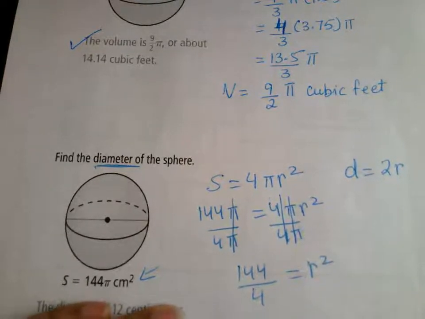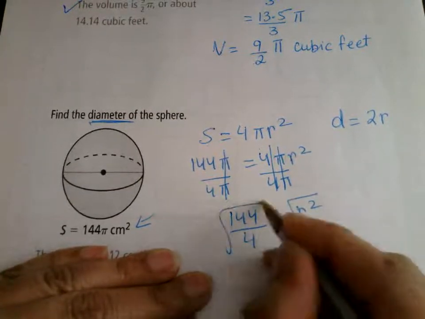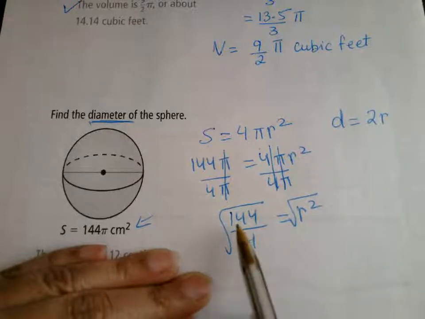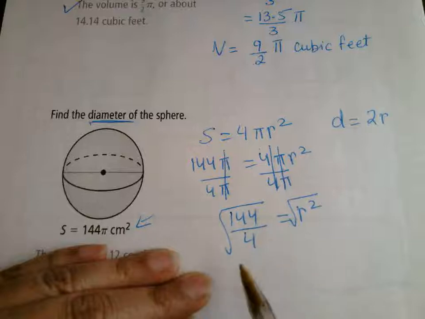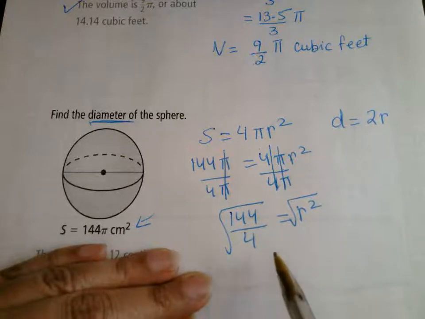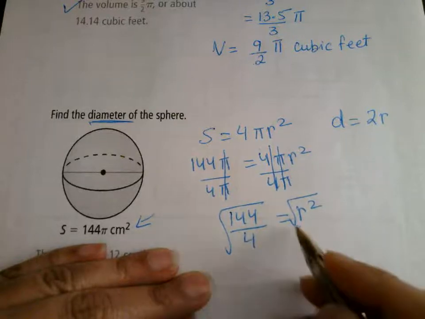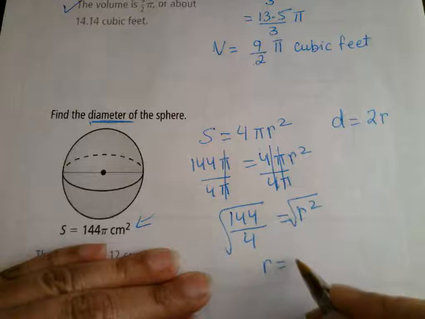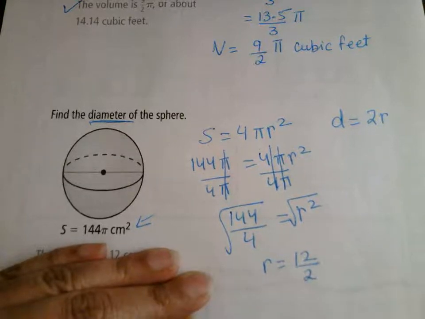Instead of simplifying it right now, let's take the radical on both sides. Why did I want to take the radical on both sides this time? Because I know 144 is nothing but 12 squared and 4 is nothing but 2 squared. So it will make it easier. If I take the radical on both sides, r will be equal to 12 over 2.